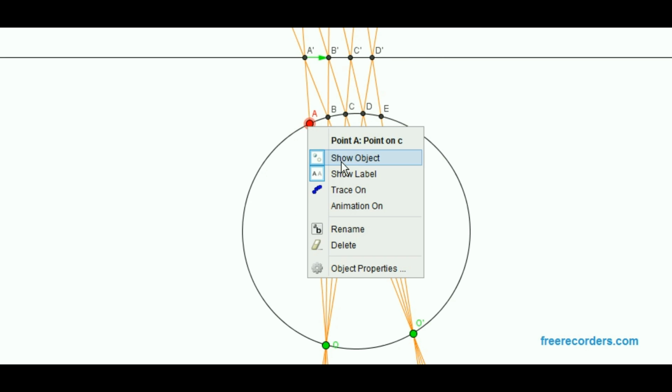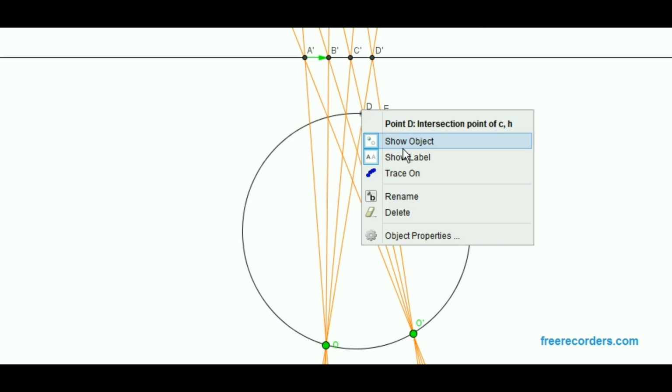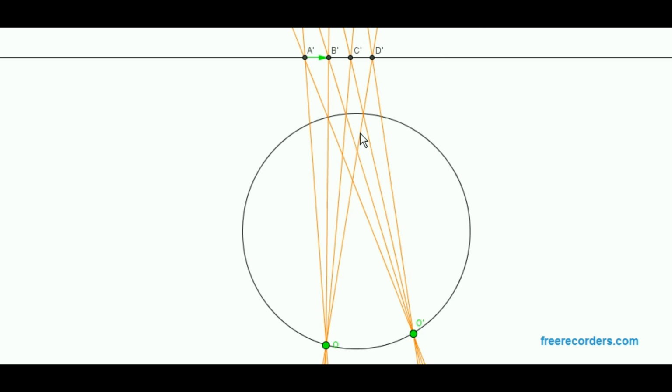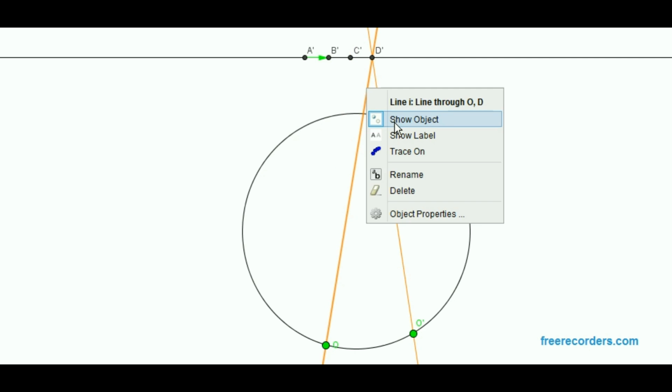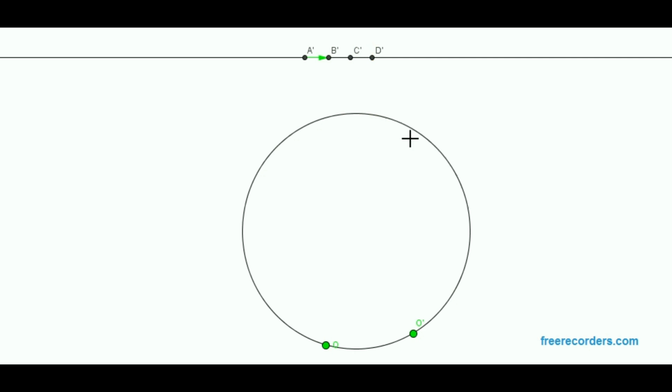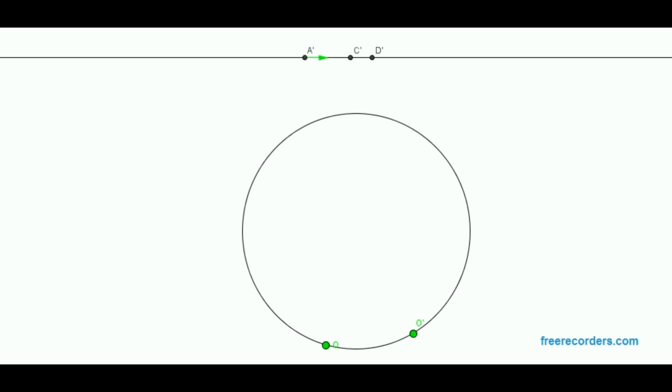Well, firstly let's get rid of all of this gubbins. It won't really help us. I'll leave these points on the line just.